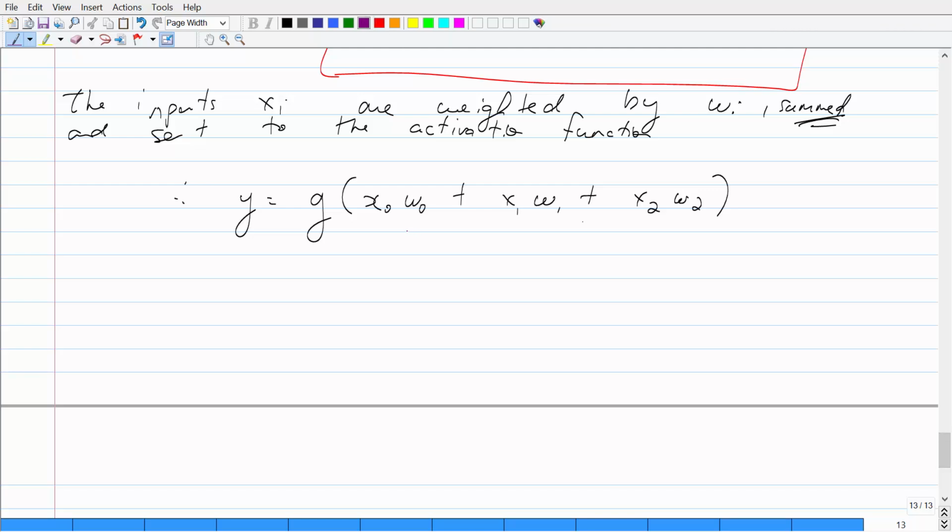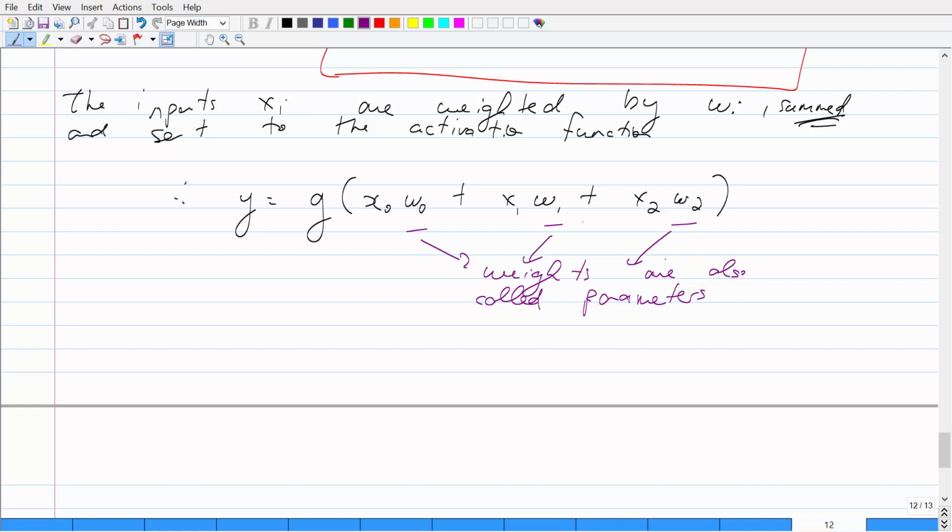Okay, these weights here, you can think of them as the parameters. So when you took a look at linear and logistic regression, the point was to find the right set of parameters that will be used to separate one class from another. So these weights are also called parameters. It's very synonymous. So when you take a look at certain textbooks, when they talk about trying to find the right weights or trying to find the right parameters, they mean one and the same thing, right?